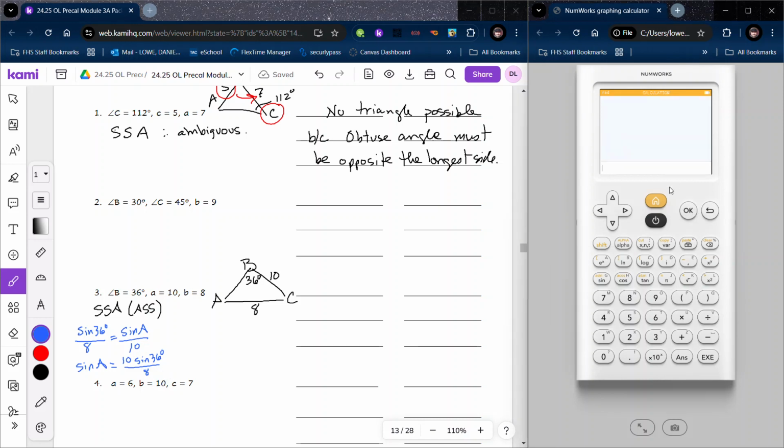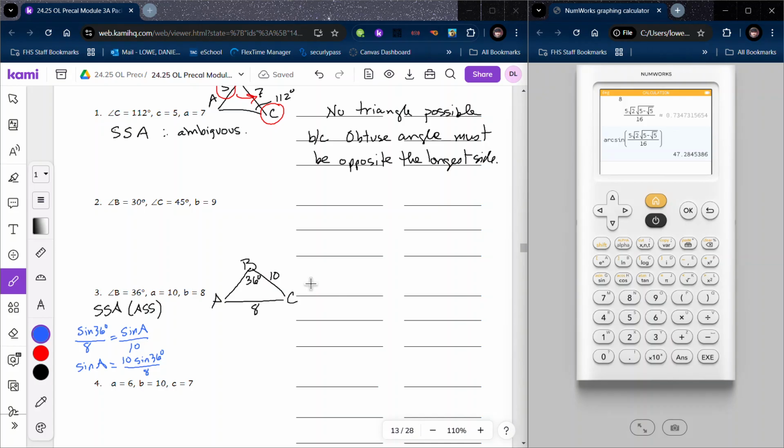If I make that computation, I want to make sure that my calculator is in degrees. So I'll ensure that my calculator is in degrees. Then I have 10 times the sine of 36 degrees, all divided by 8. That's the sine ratio, and then I'm going to do the inverse sine of that value.